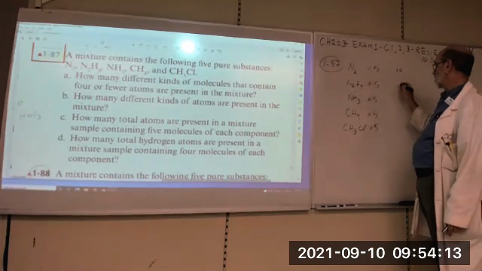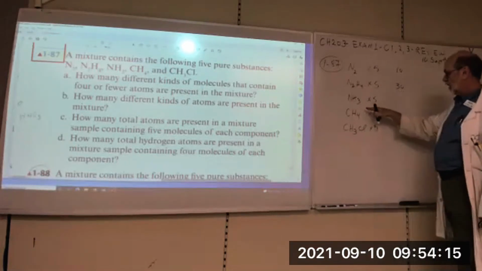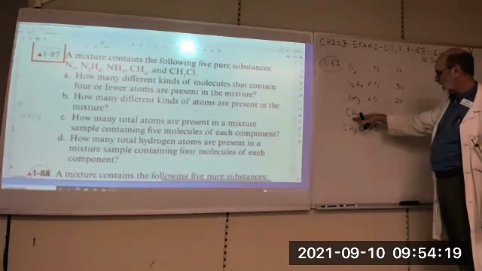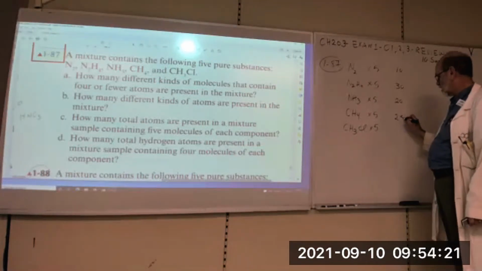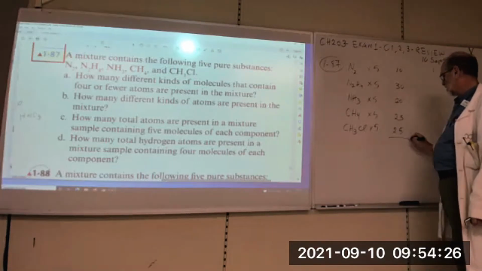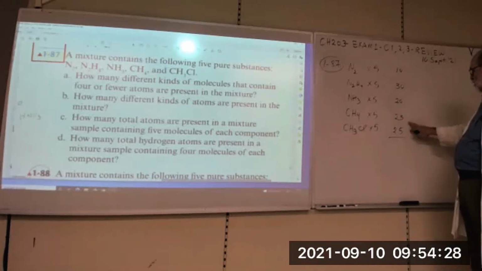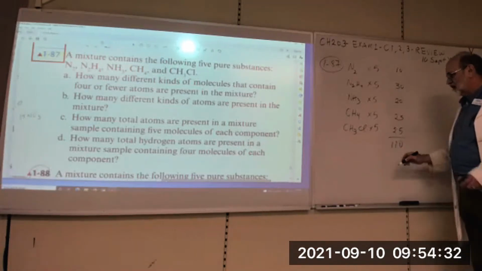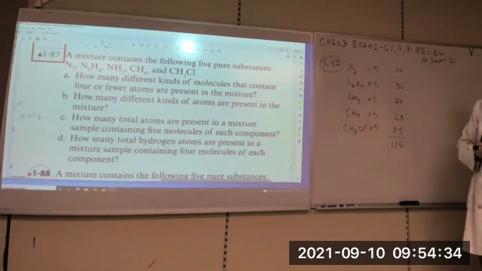You got 6 here, so that's 30. And you got 4 here, so that's 20. You got 5 here, so that's 25. You got 1, 4, 5. 5 times 5 is 25. Let's see, that's 50, 60, 70, 110. Got 110 atoms in that mixture.